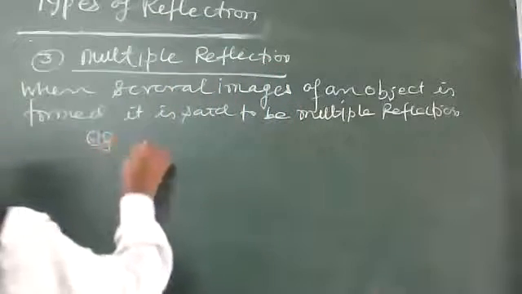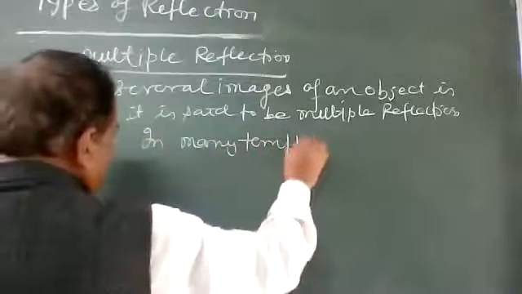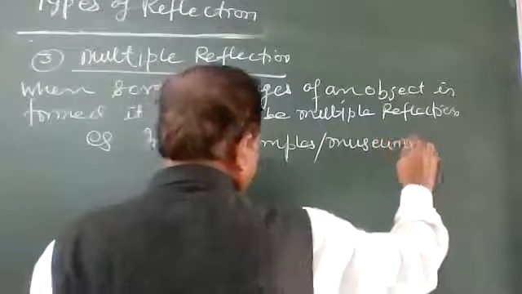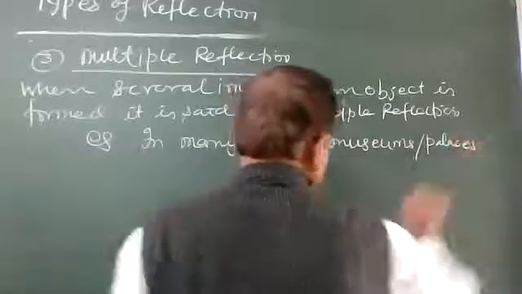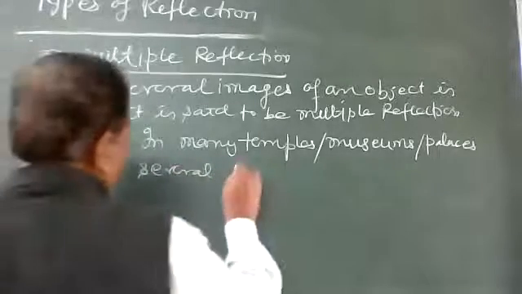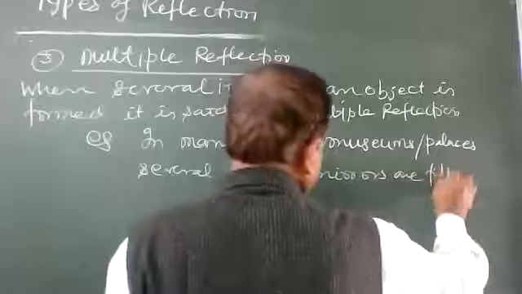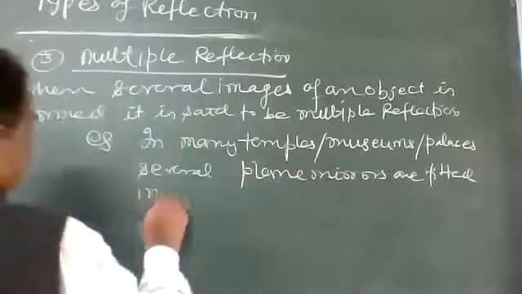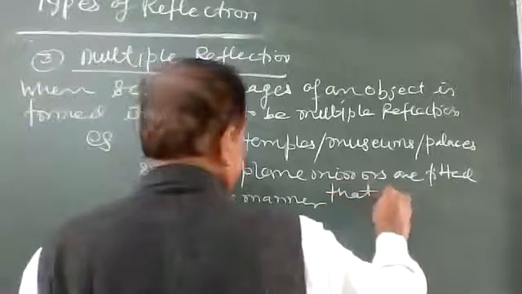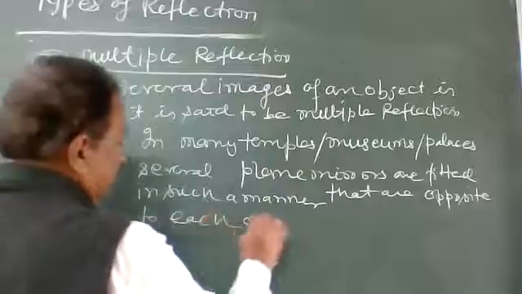So, for example, in many temples, then museums, palaces, several clear mirrors are fitted in such a manner that they are opposite to each other.